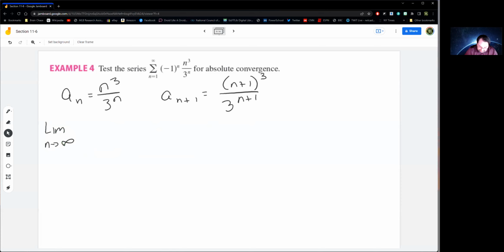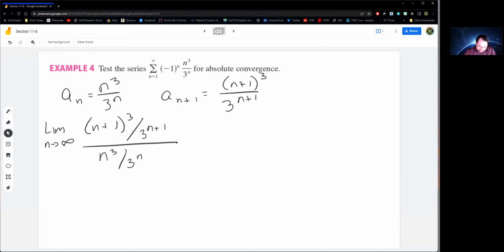of, we don't even need to use the value, n to the third over 3n divided, oh, sorry, it's the other way around. I wrote it backwards. N plus 1 to the third over 3n plus 1 all over n to the third over 3n. All right.